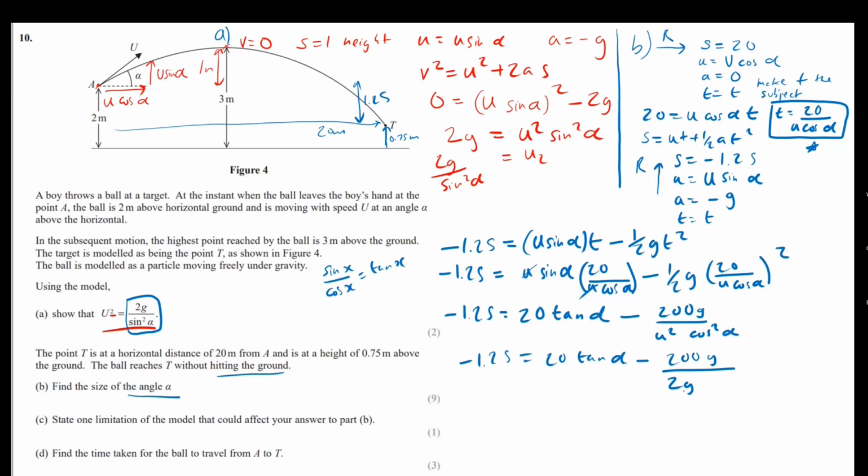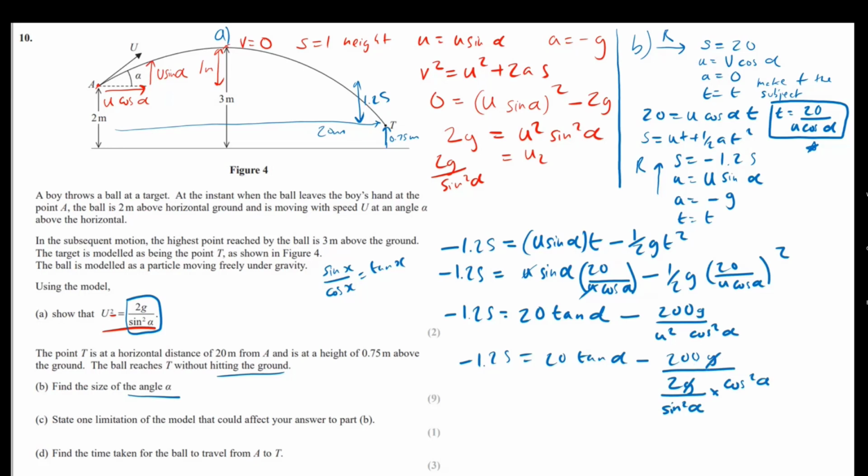Over 2g sine squared alpha times, and the cos will be up here, alpha. Now, hopefully you can see g's will cancel.